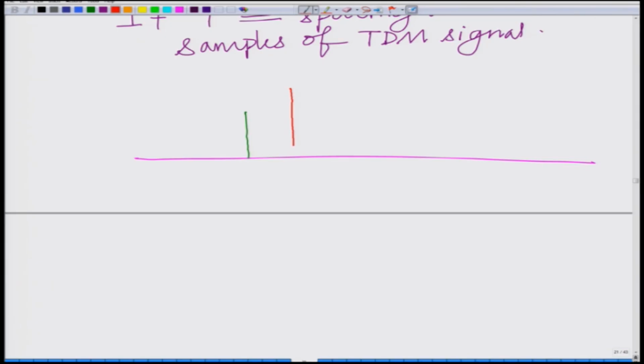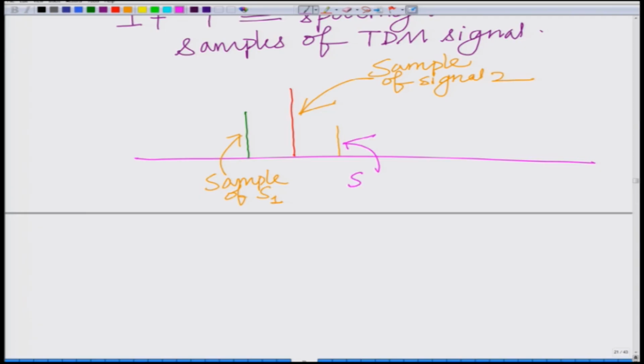This is the sample of signal 1, sample of signal 2, sample of signal 3, and so on and so forth. And the duration between samples is T.